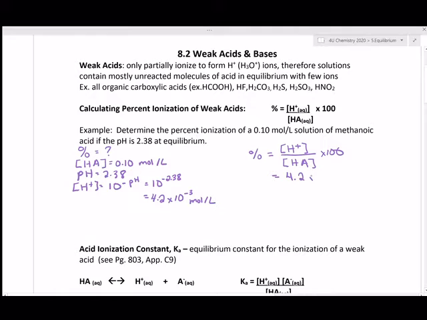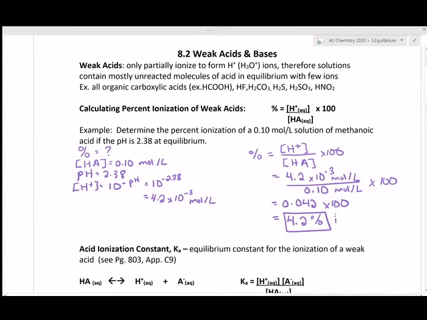So 4.2 times 10 to the negative 3 moles per liter divided by 0.10 moles per liter, all times 100, is going to give us 0.042 times 100, or 4.2% ionization. That is not very much.